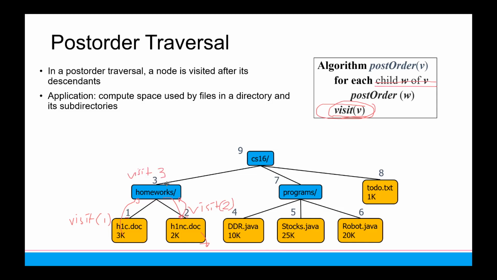Then we go to the next child. Because there is no child again from this node, we will visit 4. Then the next child, there is no child, so we visit 5. Then the next one, there is no child, so we visit 6. And so on until we finish all of these files.